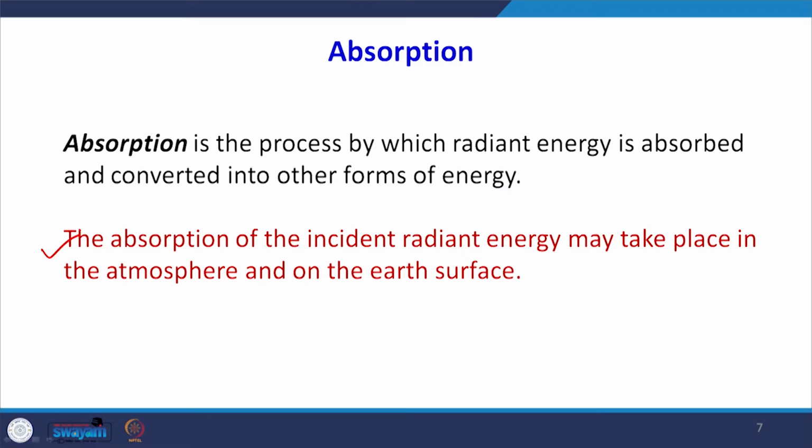That means due to the rise in temperature, it has converted that energy into some other form of energy. The absorption of the incident radiant energy may take place at two places, one in the atmosphere and another on the earth surface, on different objects.